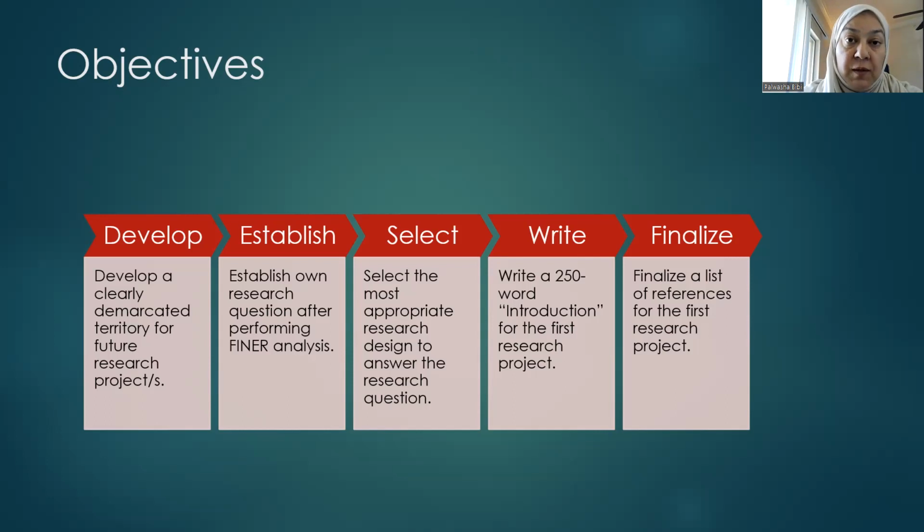Also, as professionals, most of us will know what is the topic or the area where we want to do research. We have our own interests. Some people are interested in outcomes, some people are interested in pathophysiology, some people are interested in treatments. Roughly we know what areas we are interested to do research.